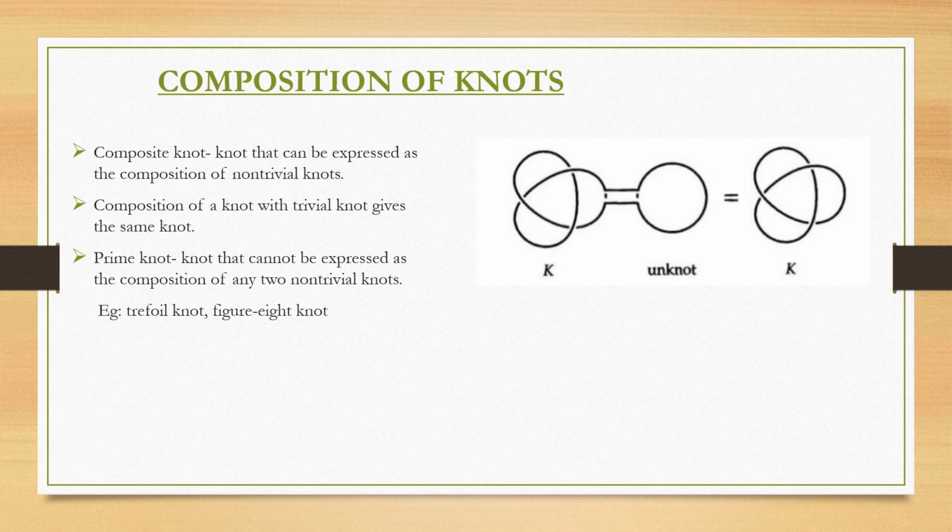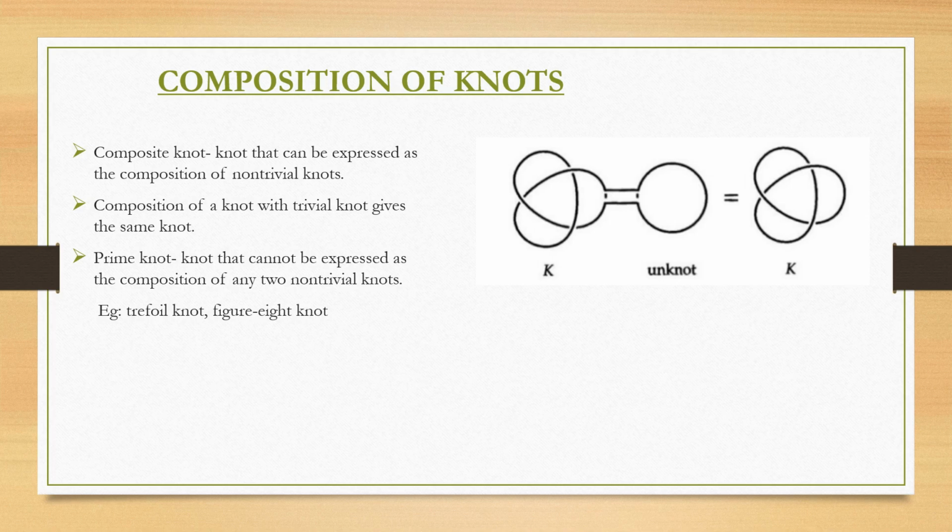And just like in multiplication, any number multiplied by 1 gives the same number, composition of any knot with the trivial knot gives the same knot, and it is depicted just above. If you take composition of any knot with the unknot, you'll get an image such that the particular knot that we considered is stretched a bit, but it is equivalent to the same knot.